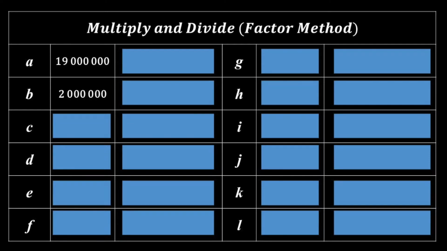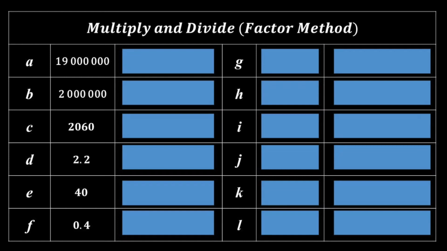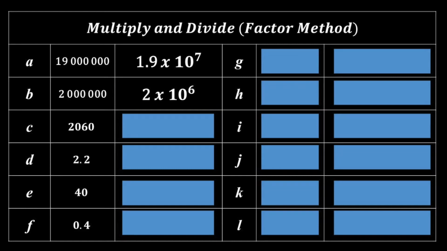For instance, 19 million would be 1.9 times 10 to the 7th. 2 million would be 2 times 10 to the 6th, etc. So you want to change those to scientific notation. Okay? And then I will check up on you on the next section.